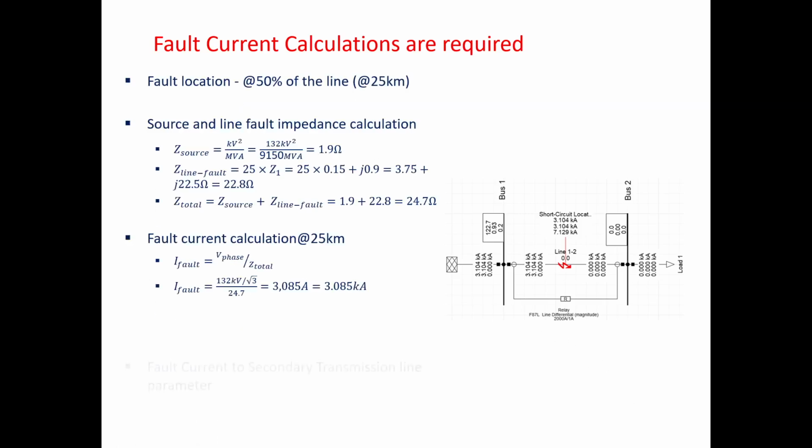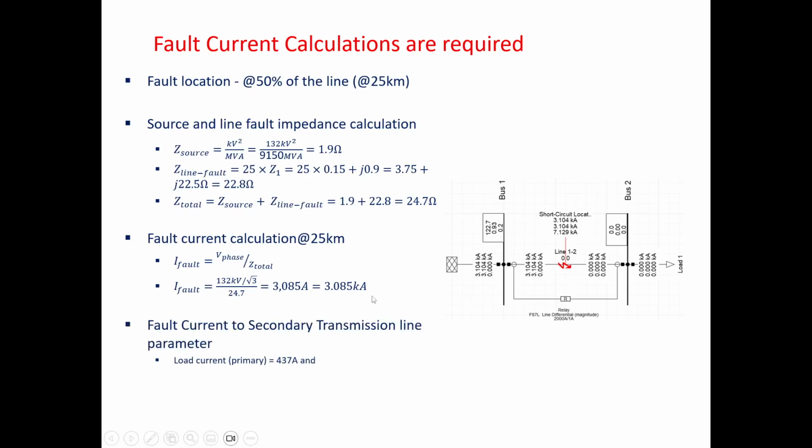Okay, so now since we have the fault current at 50% of the line, it is easy to understand the fault current in the secondary of the transmission line. So the load current is 437 amps in the primary, and if we convert it to secondary, we already mentioned that it is 0.36 amp, and the fault current is now 3085 amp.